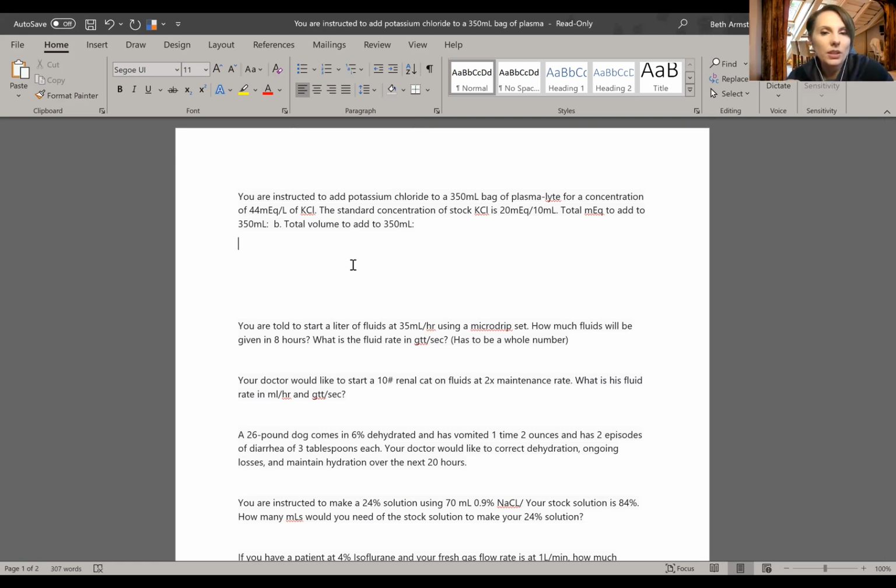You are instructed to add potassium chloride to a 350 mL bag of Plasma-Lyte with a concentration of 44 milliequivalents per liter of KCl, and your stock solution is 20 milliequivalents per 10 mL. How much in milliequivalents will you add to your 350 mL, and what's the total volume that you add? How are you going to set this up?